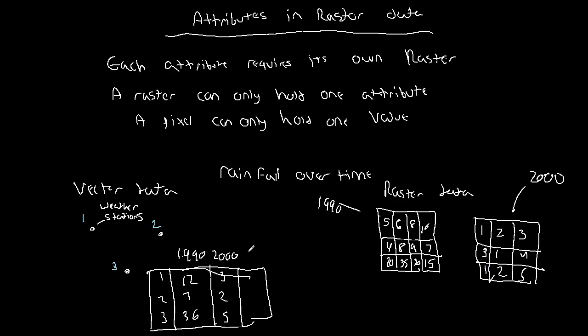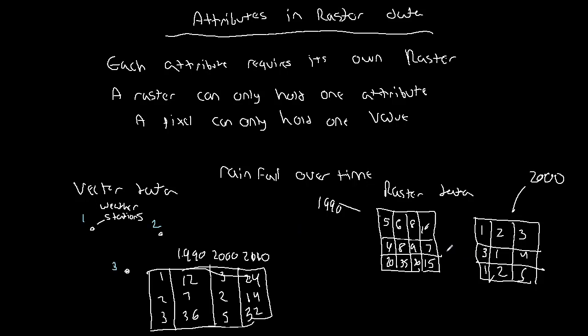So now we're at 2010. Again, if we want to use vector data, all we have to do is add another column to the attribute table. We haven't changed the geometry. We haven't done anything other than add one column to the attribute table. Let's say this was a particularly heavy rainfall year. So we'll say 24, we'll say 14, and we'll say 32.